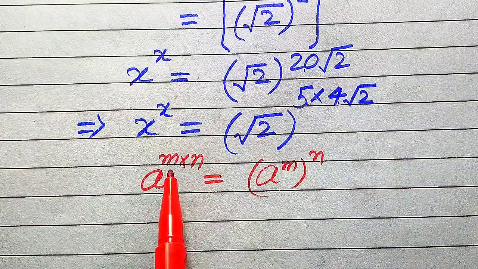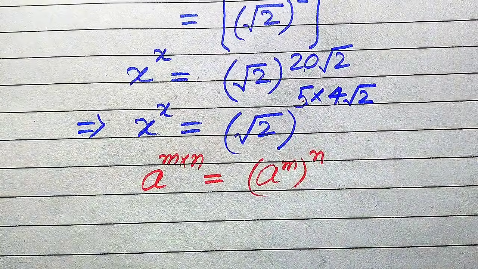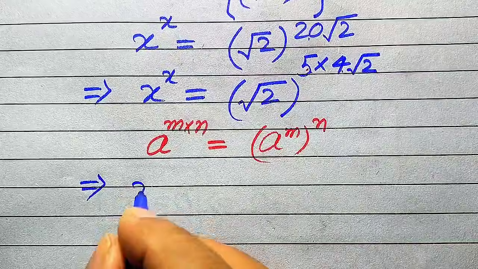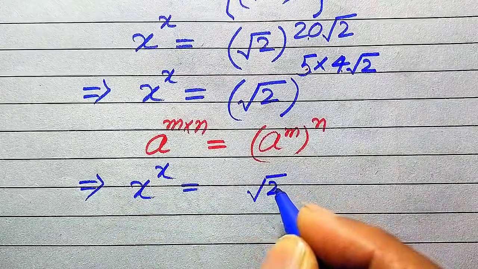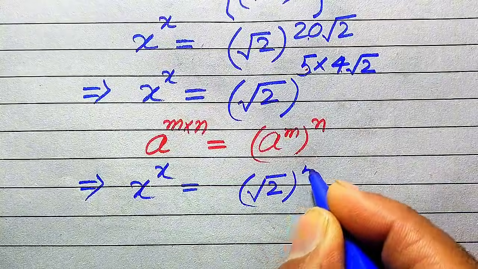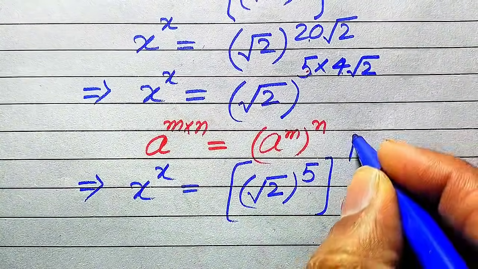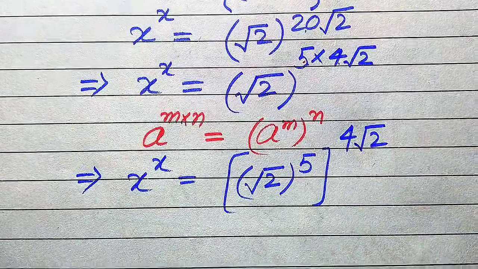So here we need to move this 5 inside the term, and after moving it, it will be written as x to the power of x is equal to the square root of 2 to the power of 5, and its whole exponent is 4 times the square root of 2.